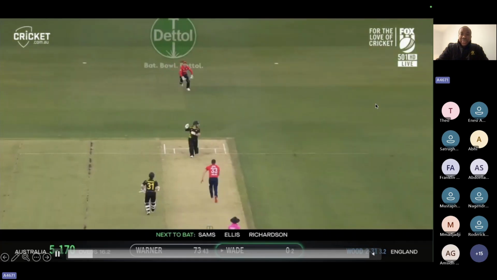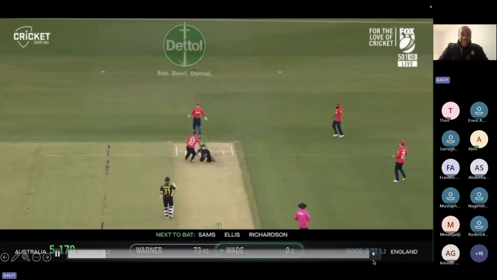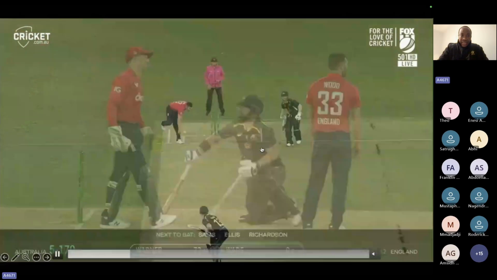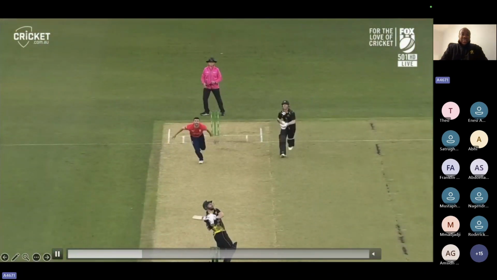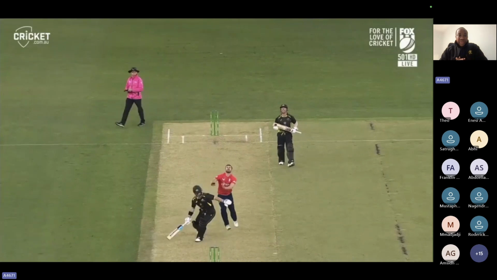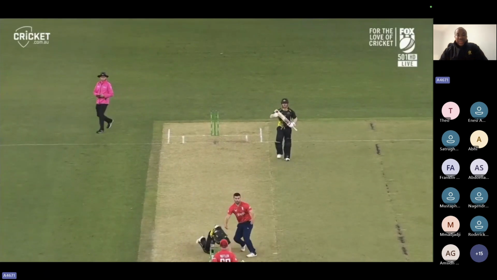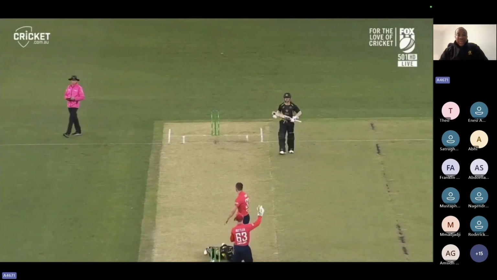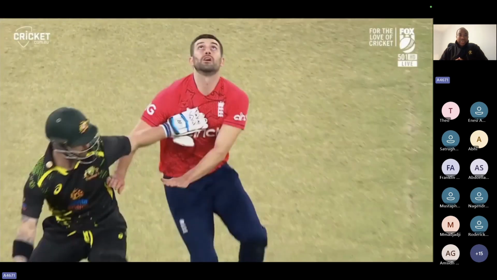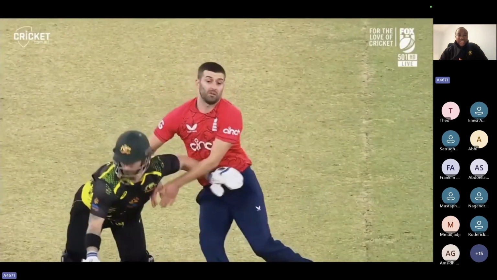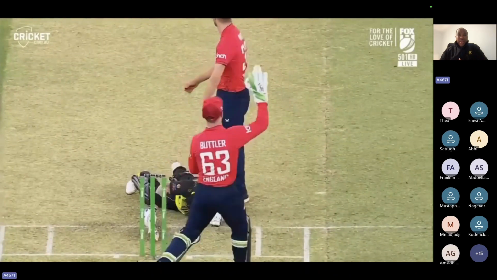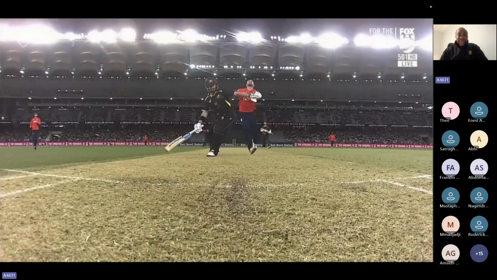So Matthew Wade hits the ball high up in the air and he realizes that there's no run on offer. And he looks around. First, he couldn't find where the ball was. And then when he sees where the ball is going to land and that Mark Wood is getting under the catch, he puts his body and his arm in the way of the bowler.